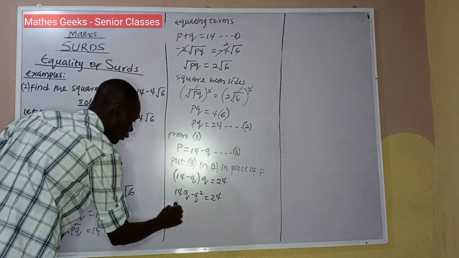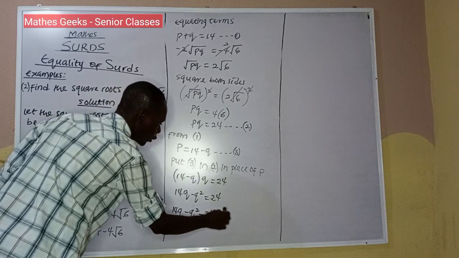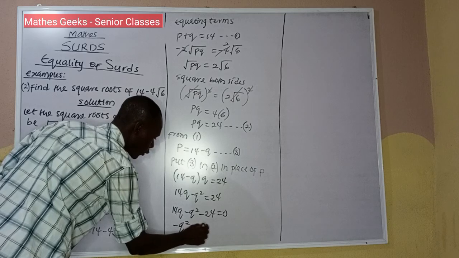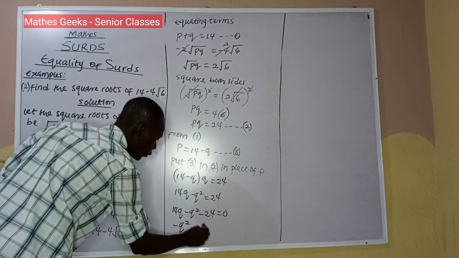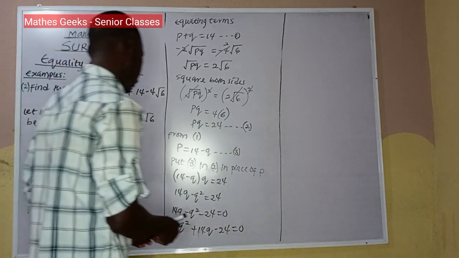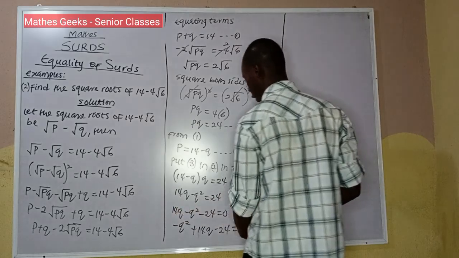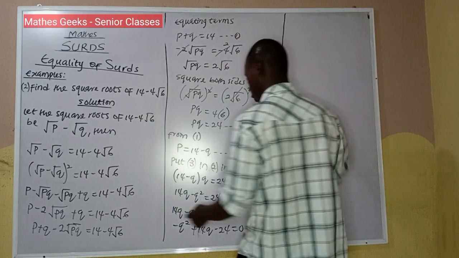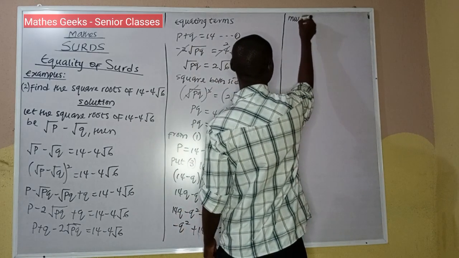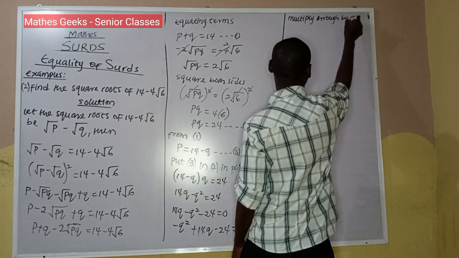So bring this to this side. It's just 14q minus q squared minus 24 is equal to 0. So when we arrange, we're going to have minus q squared plus 14q minus 24 is equal to 0. Now the coefficient of q squared, in order for it to be positive, we need to multiply through by minus 1. Let me write it: multiply through by minus 1.